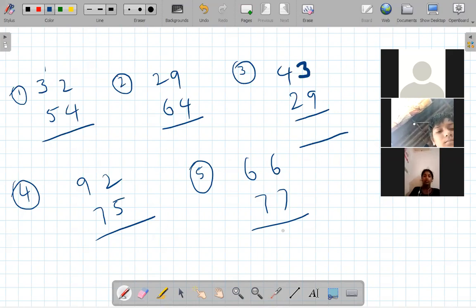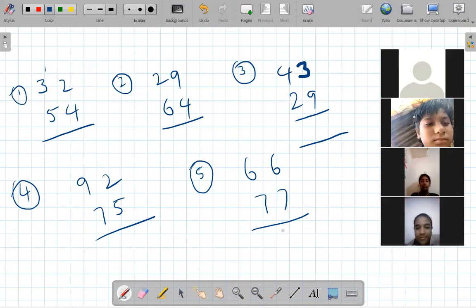And definitely there will be 2 steps for each and every multiplication. So just do as per our procedure, and it will help you to solve very big problems also.